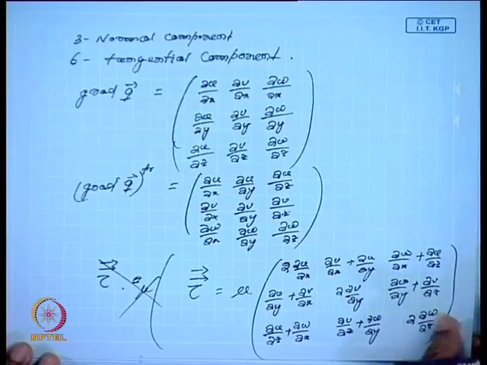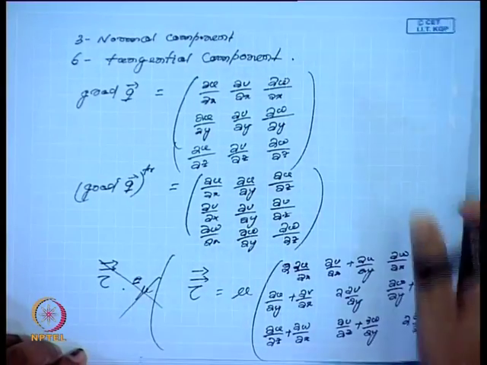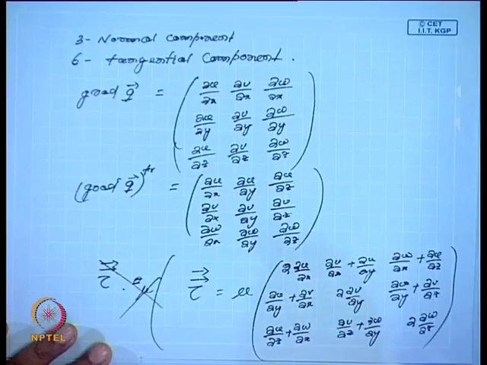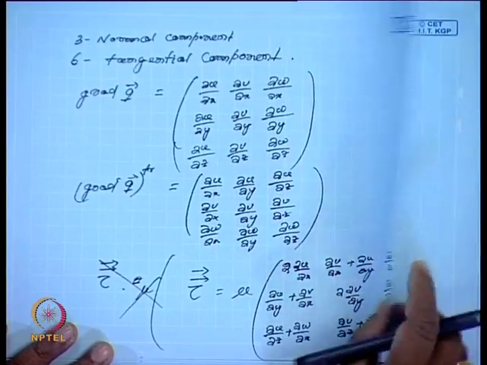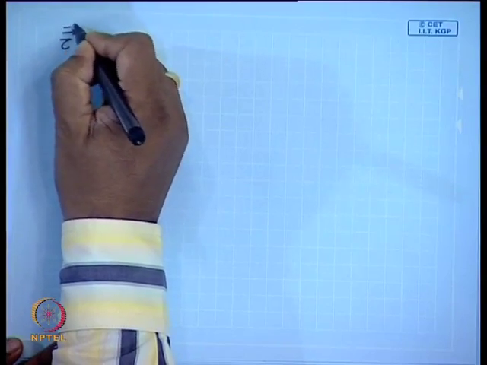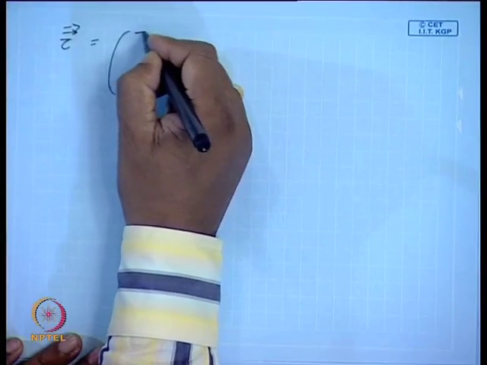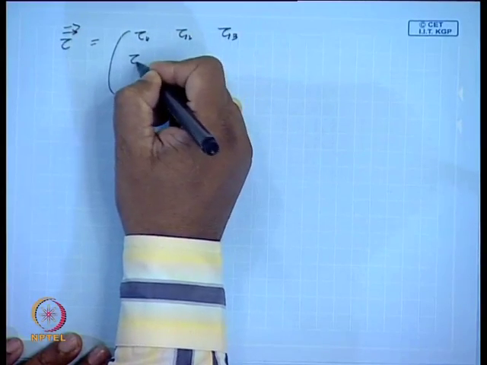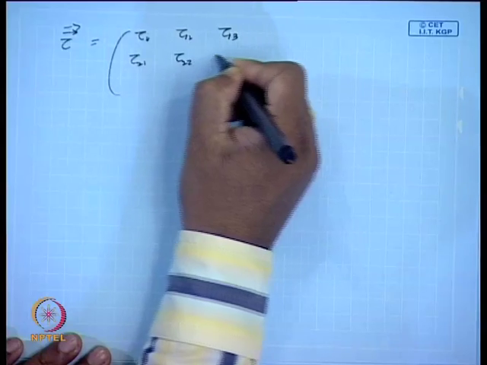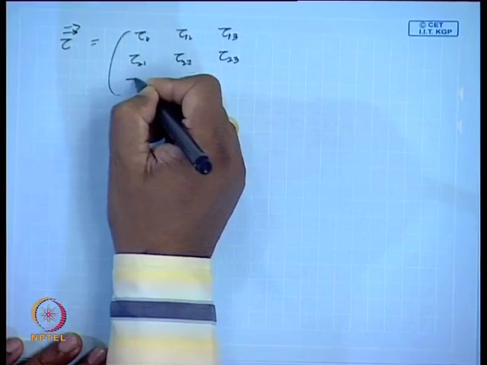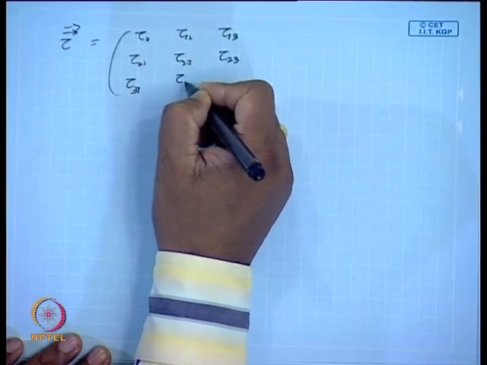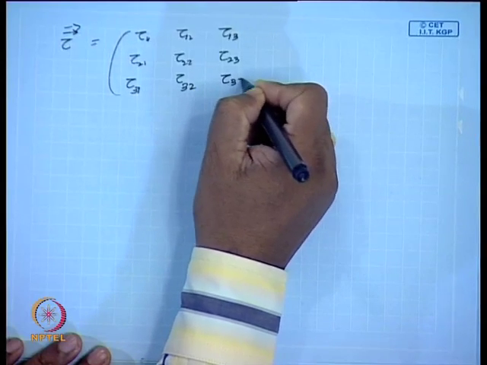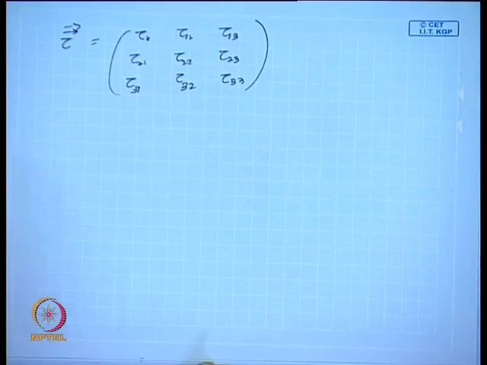So of the stress tensor, and if you just compare them, from this we can easily find out, because the stress tensor tau double bar, if I put it component wise, tau 11, tau 12, tau 13, tau 21, tau 22, 23, tau 31, tau 32, tau 33, then I can get the individual components of basically the 3 normal stress components.